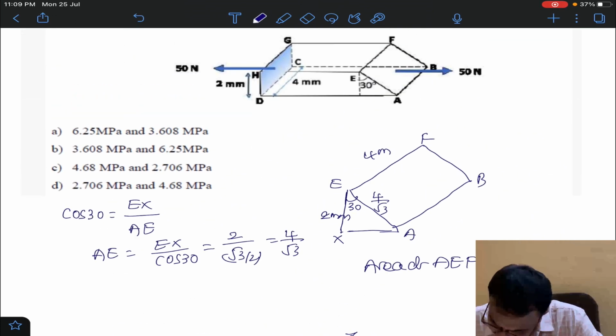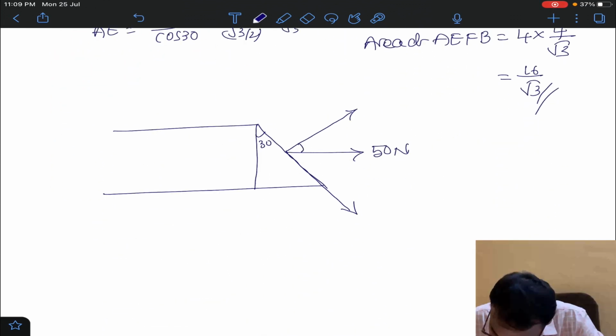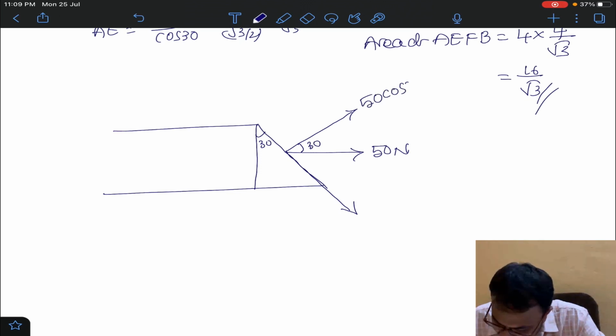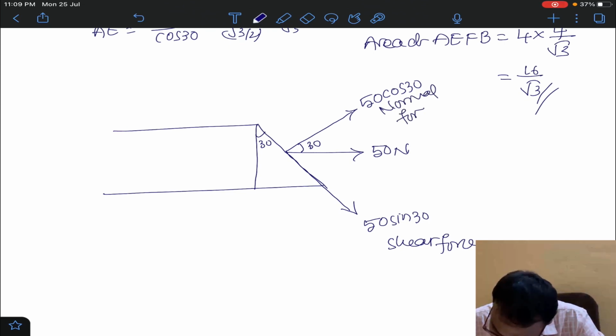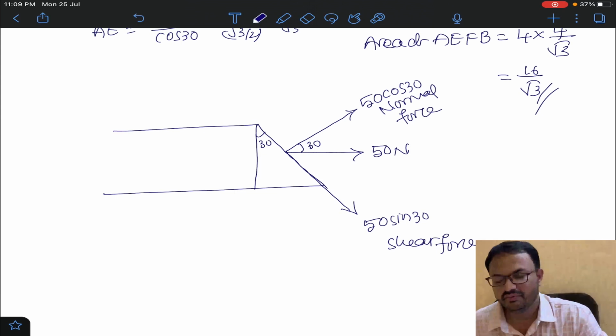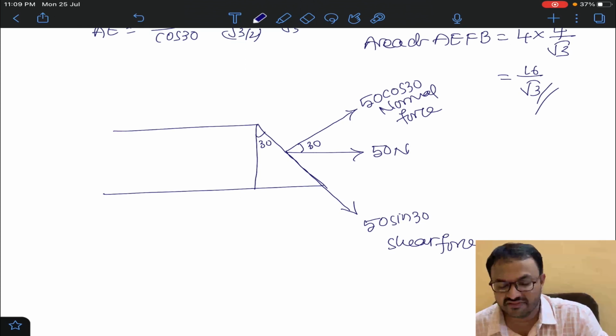Here it is. This will become 30. This is 50 cos 30. This will become 50 sin 30. This is shear force. This is normal force. Why this is shear force and normal force? Because 50 cos 30 is acting perpendicular to the surface. 50 sin 30 is acting parallel to the surface.